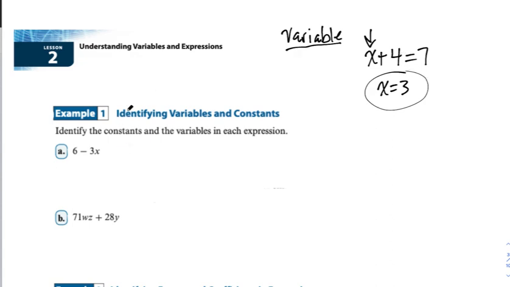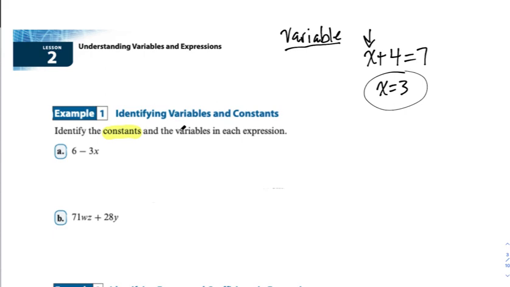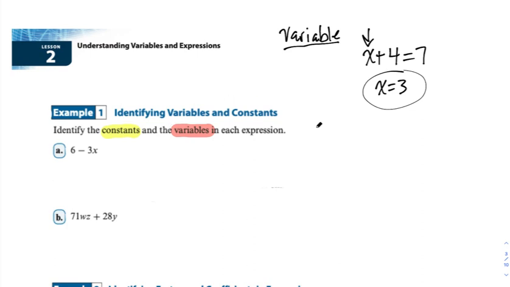So here we're going to identify some variables and constants, and I like talking about this. In this expression, we have 6 minus 3x, and we need to identify the constants, and I'll highlight the constant here in yellow, and the variable, let's highlight that in red. A constant is something that will always be the same.